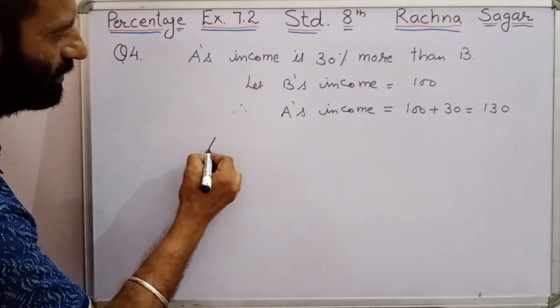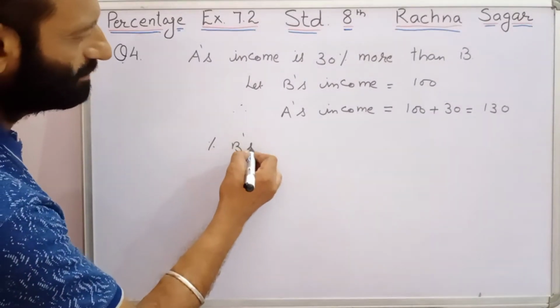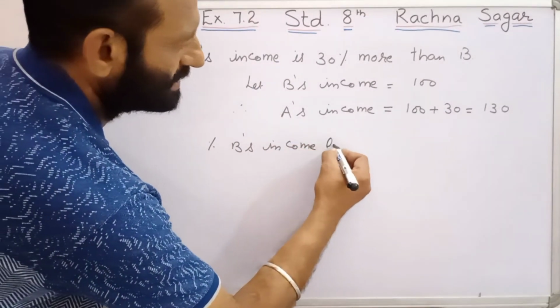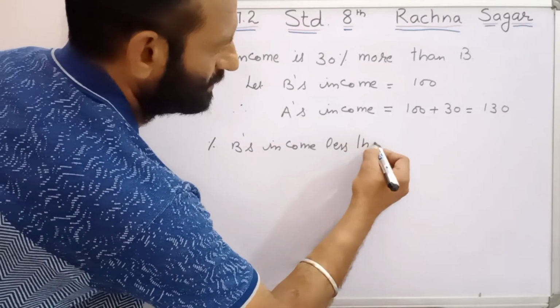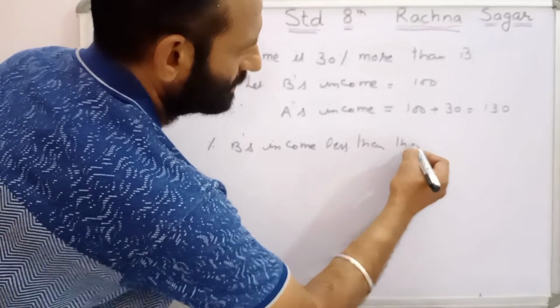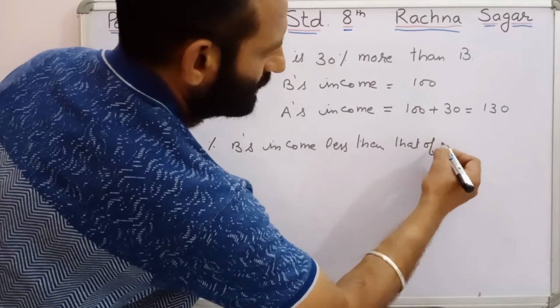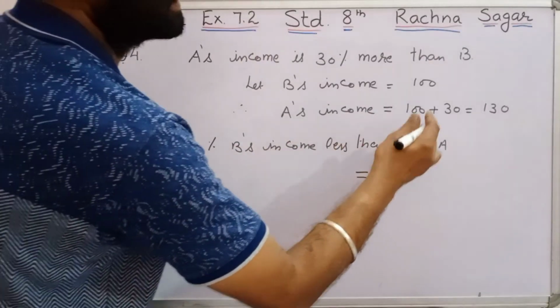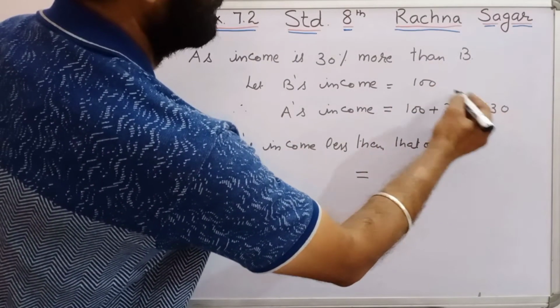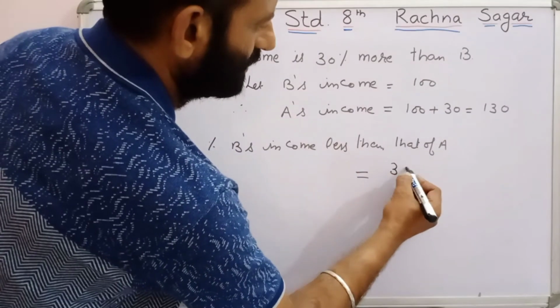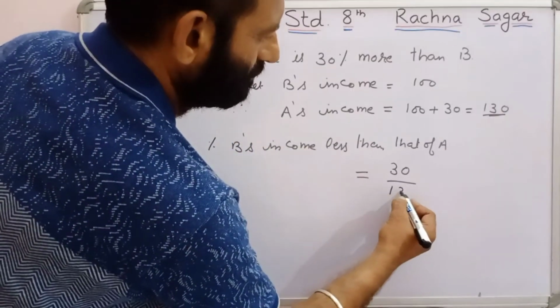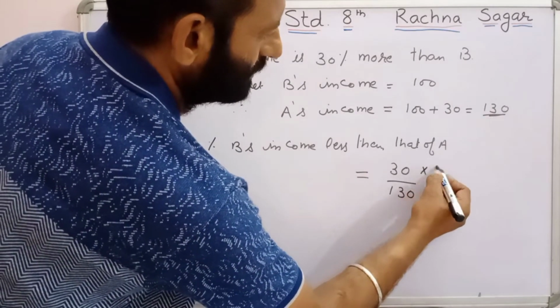Now the percentage of B's income less than that of A is equal to, now B's income less than A, 130 minus 100, it is 30, over A's income, it is 130 multiplied by 100.